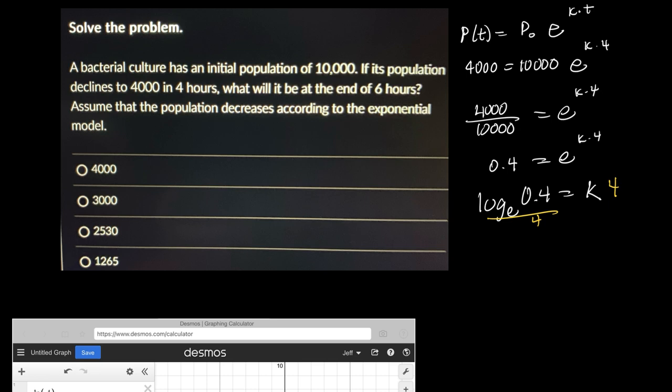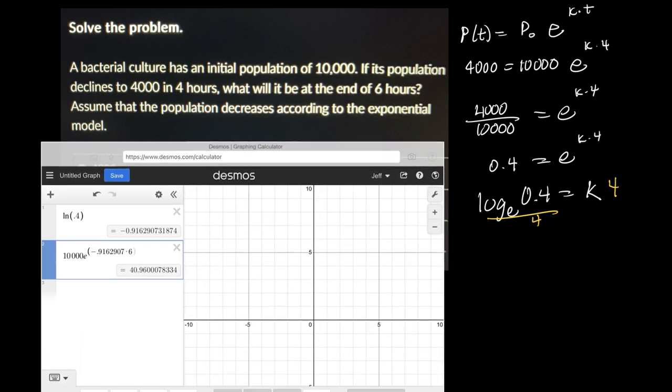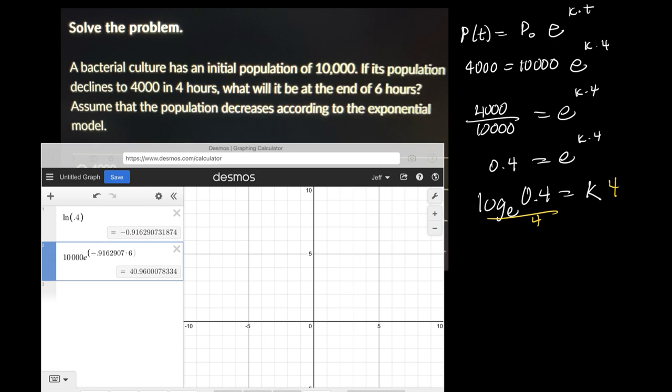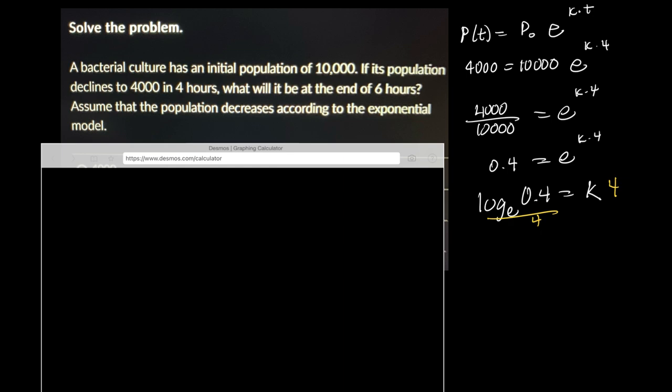So let's go to decimals here. So this answer here has to be divided by 4. There, that's better. So my k value will be negative 0.2290726.